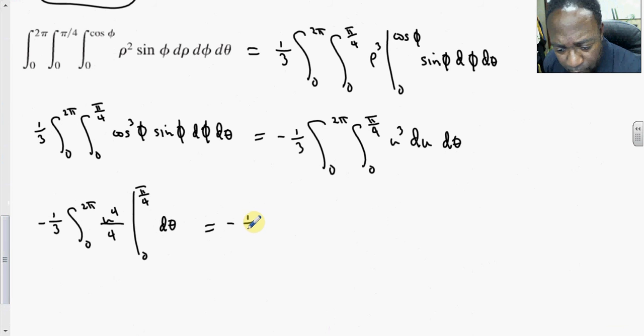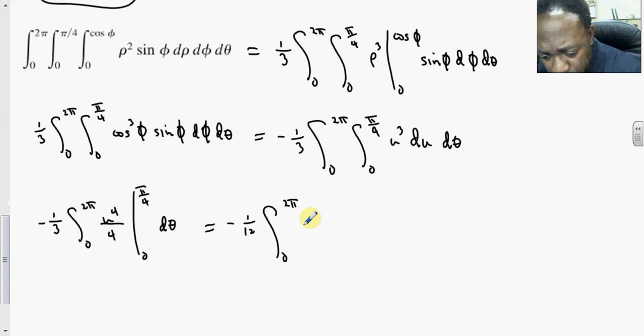This is negative 1/12, right, 3 times the 4. Integral from 0 to 2 pi. Oh, this was u. U is cosine.